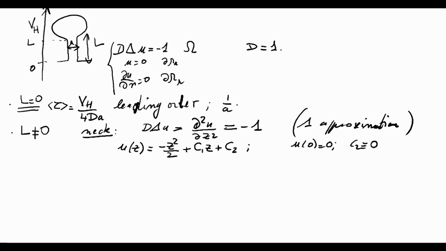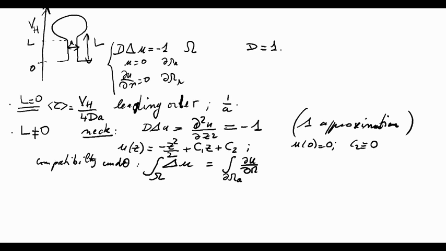Now, to calculate c1, what we will use is the compatibility condition. The compatibility condition is obtained by integrating the equation over the entire spine domain omega, which is just summarized by this equation. This is du/dn, and we have to integrate only over the absorbing boundary, ds.